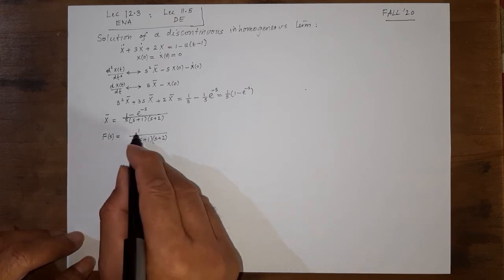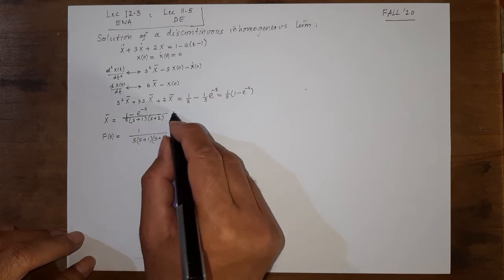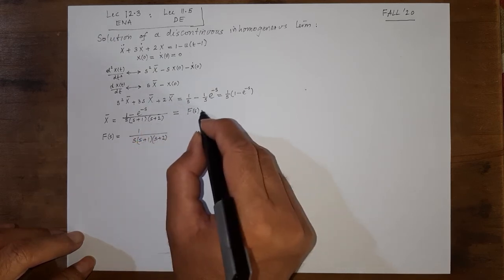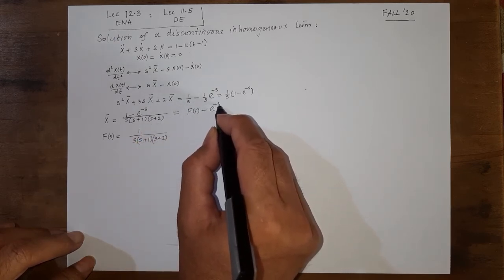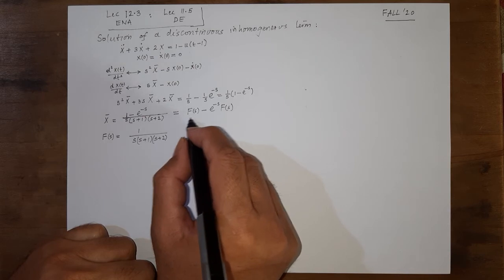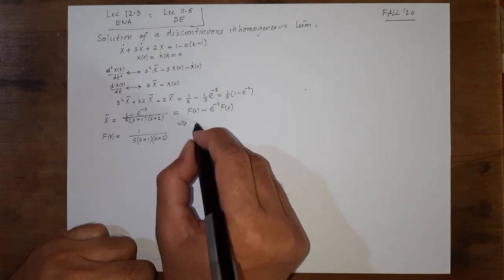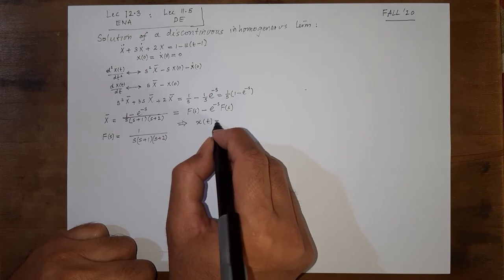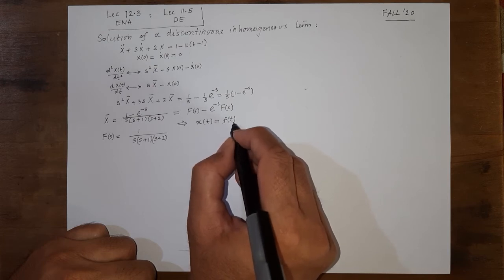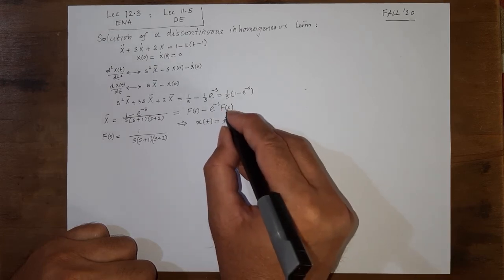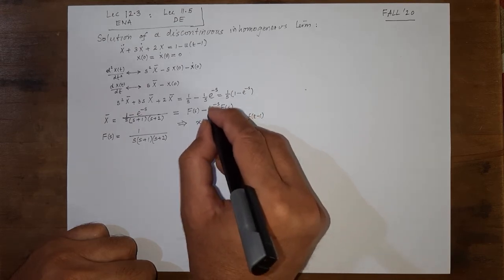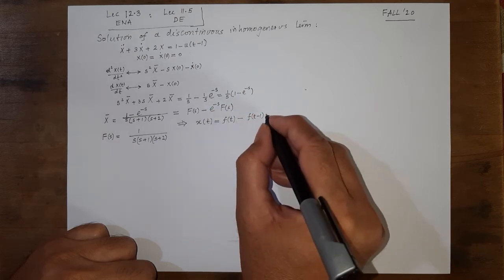So this is F(s), and if F(s) is equal to this thing, we can see that X can be written as F(s) minus e raised to the power minus 1 s F(s), which clearly tells that x(t) is going to be the inverse Laplace transform of this thing, which is going to be f(t) minus f(t minus 1), because a shifted f(t) by 1 is going to get this Laplace transform.